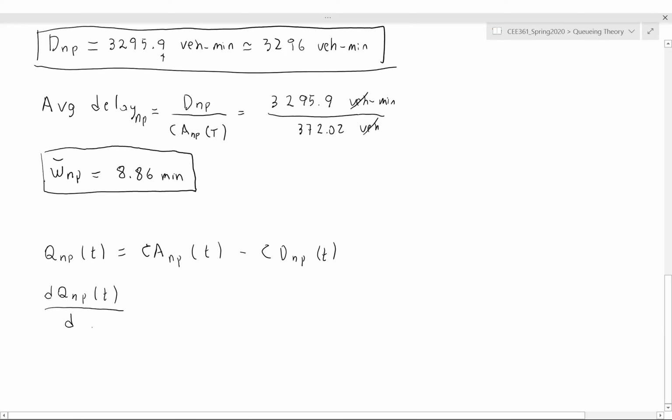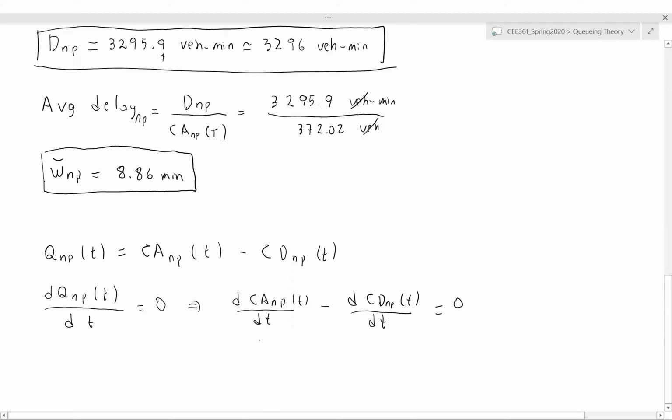If I had a continuous function, I would set that derivative equal to 0, and that would result in the derivative of cumulative arrivals with respect to t minus the derivative of cumulative departures with respect to t equal to 0.